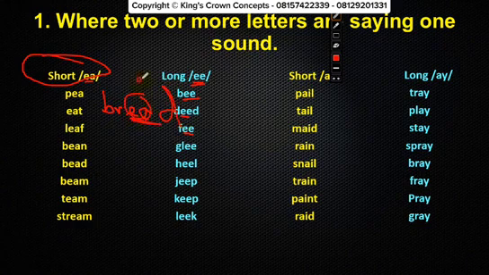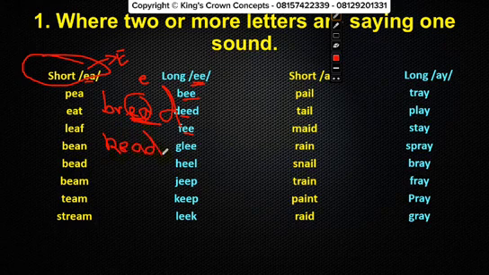This is saying a different sound, while this one is saying sound letter E. So exception, bread. Exception is the past of read, which is red. Also an exception to this phonogram E. It's also E, B, did, fee, glee, heal.